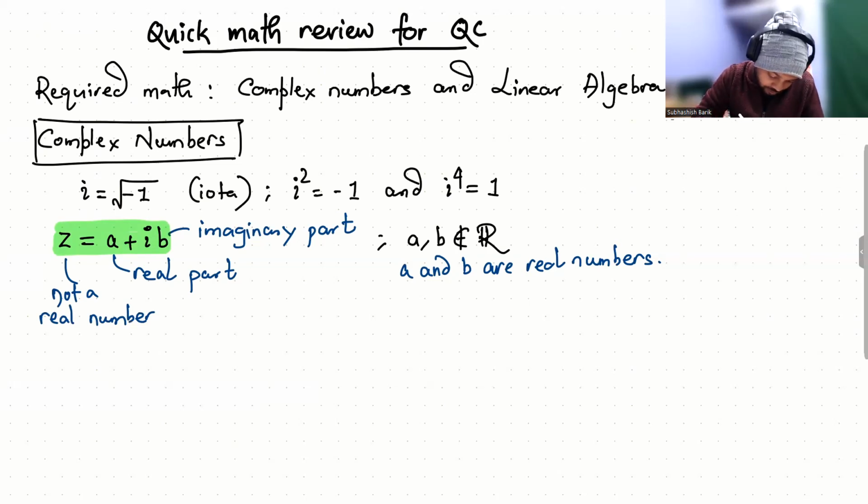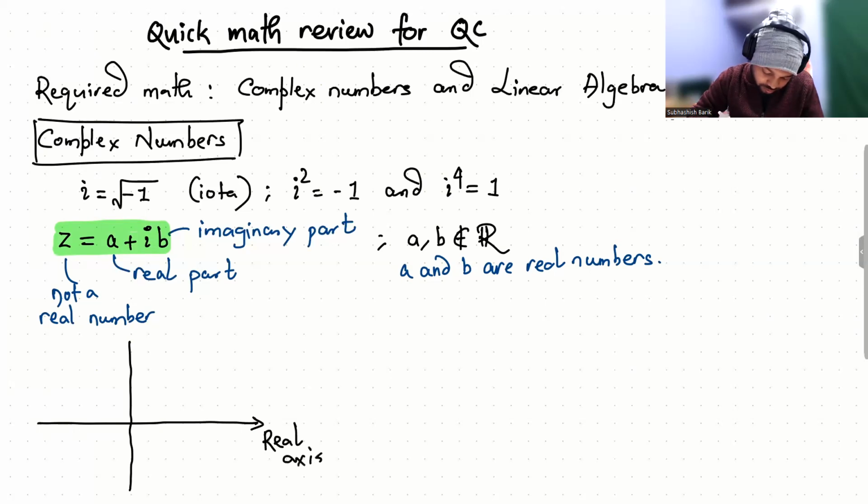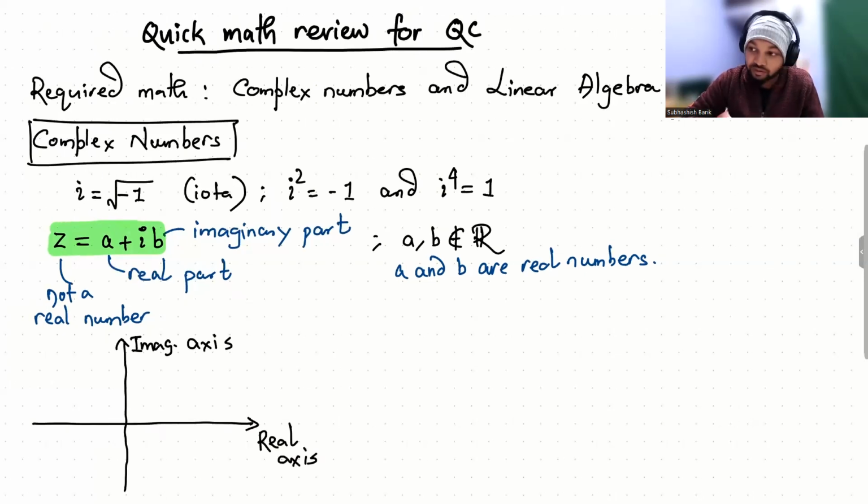So we have a complex plane. This is the real axis, and this is the imaginary axis. A complex number is denoted in this plane. Let's say the complex number is here.